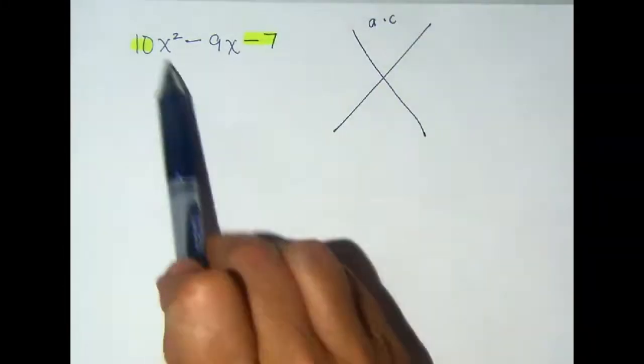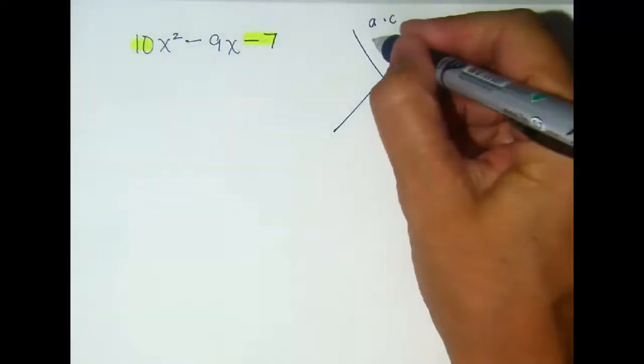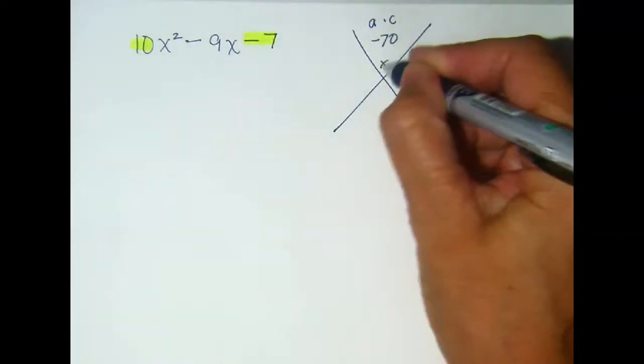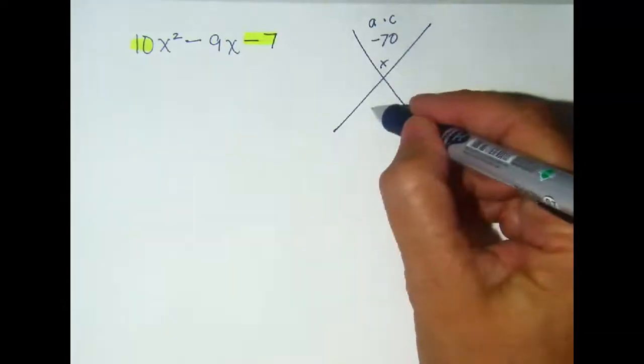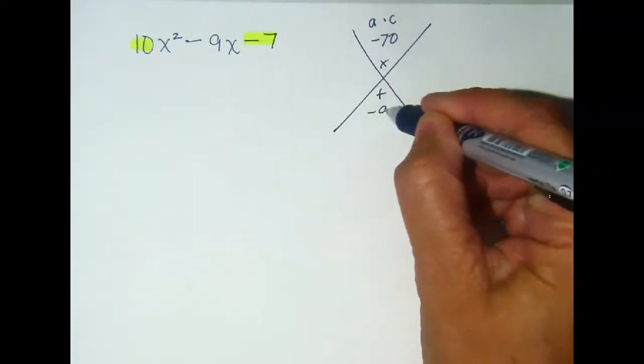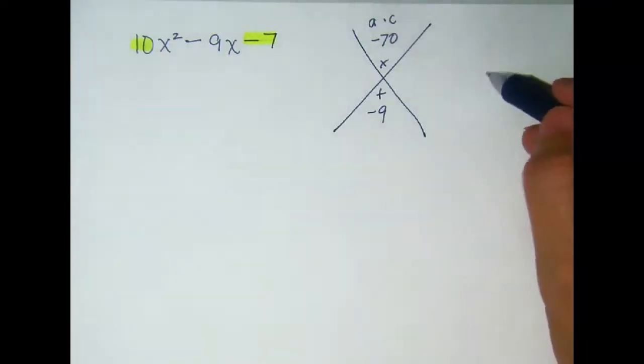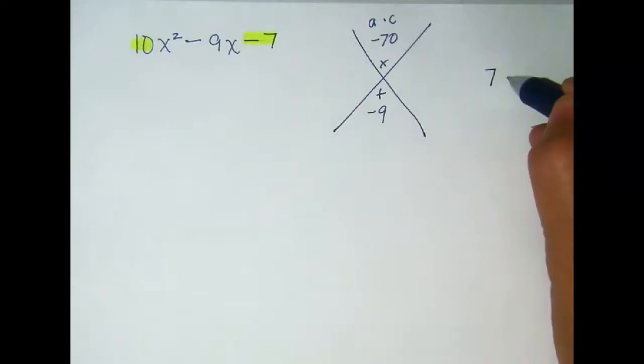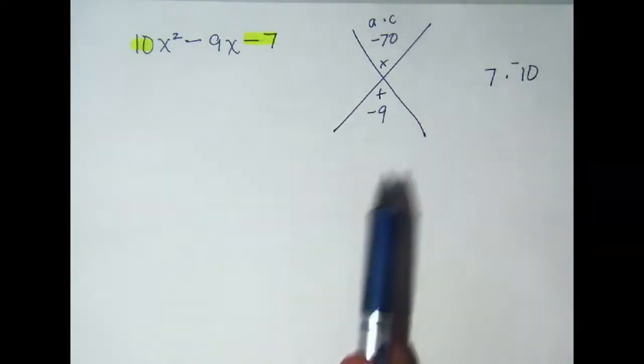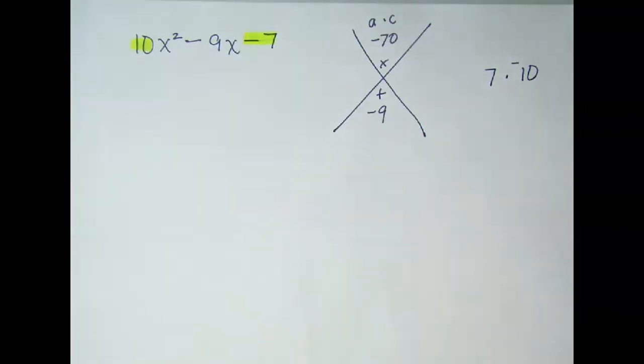So A times C is negative 70, and then the middle term is negative 9. And we have to think of two numbers we can multiply to get negative 70, but add to get negative 9. If you can't think of the numbers, just start listing. So I could do 7 times 10, and one of those would have to be negative, but I'm trying to get negative 9, and so that's not going to work.